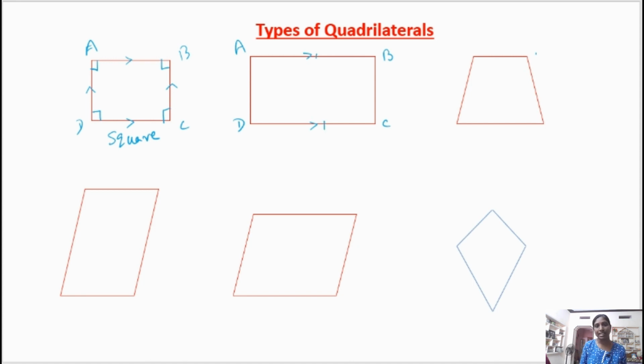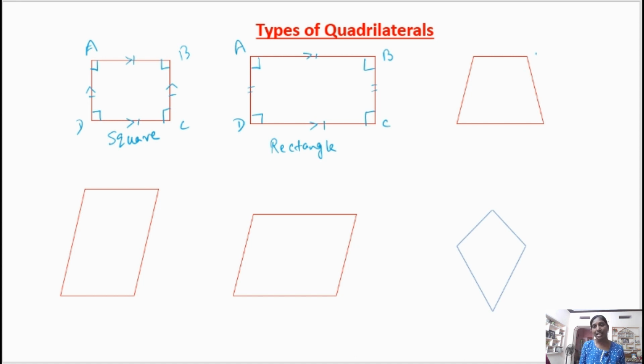AB and DC are equal, AD and BC are equal, and each angle is 90 degrees. This type of quadrilateral is called a rectangle. In a square, all the sides are equal, and in a rectangle, opposite sides are equal and opposite sides are parallel.